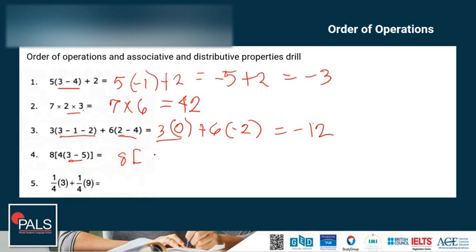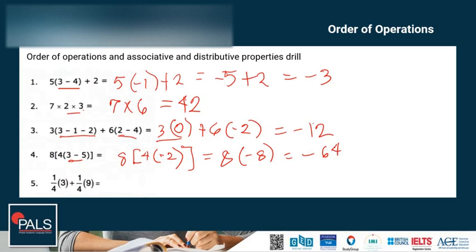Okay, let's use this bracket. 4 times 3 minus 5 is minus 2. Okay. Then next step is 8 times 4 times minus 2 is minus 8. Okay. Then 8 times minus 8 is minus 64. So the answer here is minus 64.